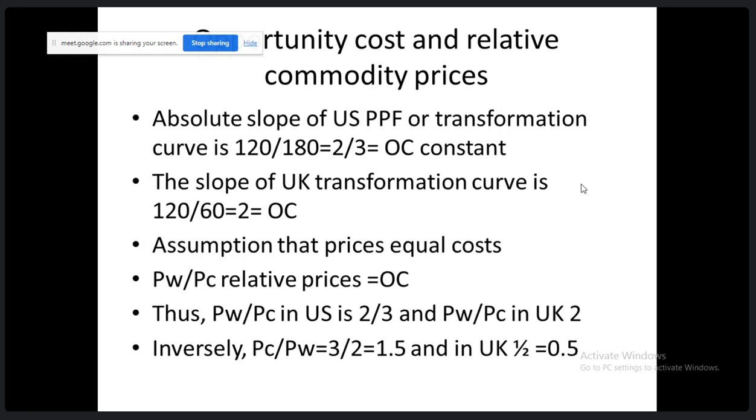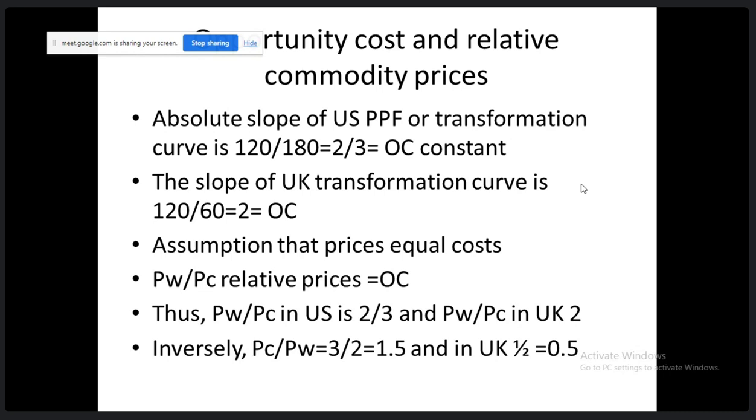That's the slope of the production possibility frontier, which is what determines the opportunity cost. So if the economy has to produce an additional unit of cloth, the amount of wheat that it is going to sacrifice is what our production possibility frontier is giving.